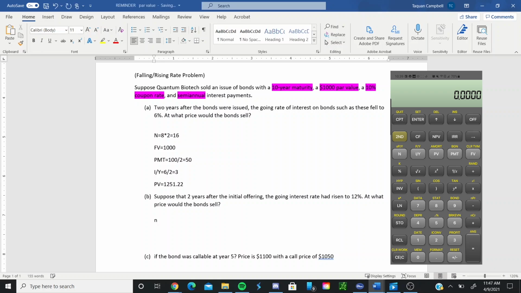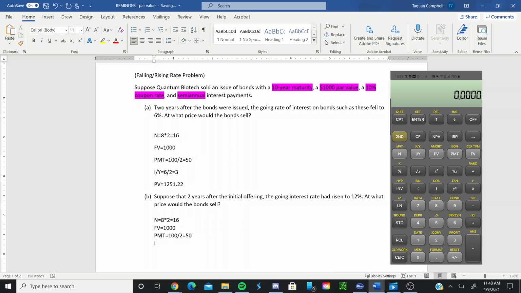All right, so N again equals 8 times 2, which gets you 16. FV will still be the same, which is 1,000. The payments will still be the same, which is 100, then you divide that by 2 and get 50.